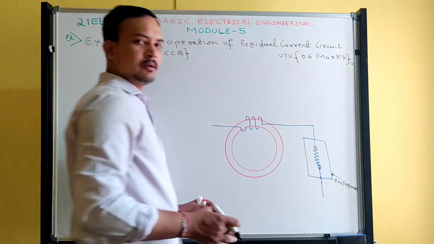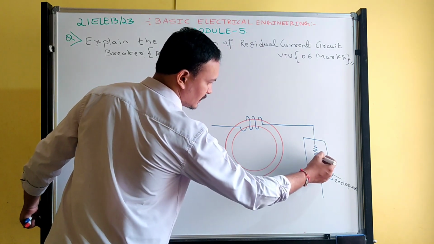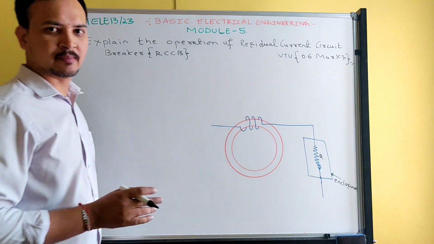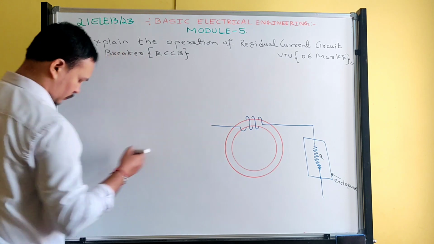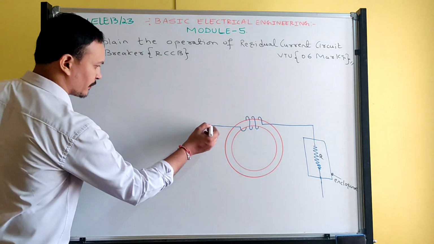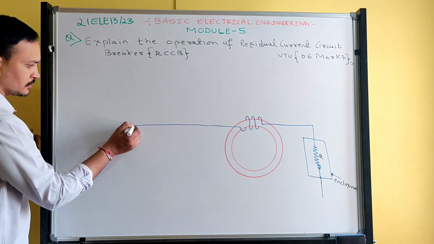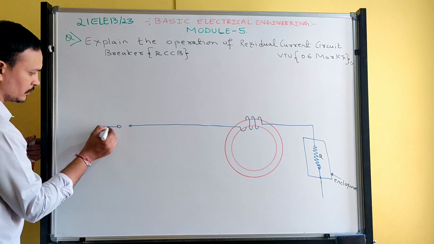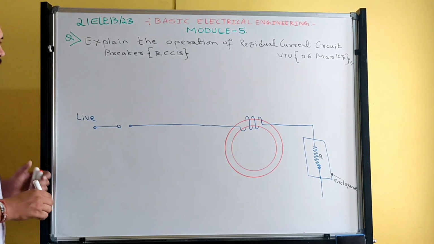The machine inside, what I wrote here, consider as the machine resistance, machine winding resistance or something like that. Now you connect this one to the live of the supply. This much is enough. I connected it to the live wire, understood now?